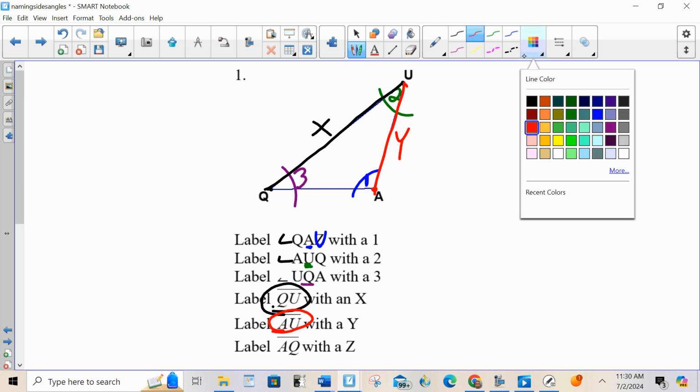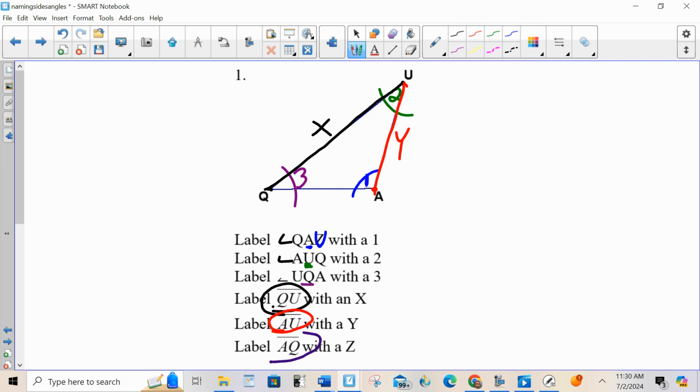And I'm running out of colors here. Let's go with this dark purple. AQ is a line segment from A to Q. To label it with a Z outside in the middle of the segment, I put a Z. That's it. That's naming and identifying sides and angles.